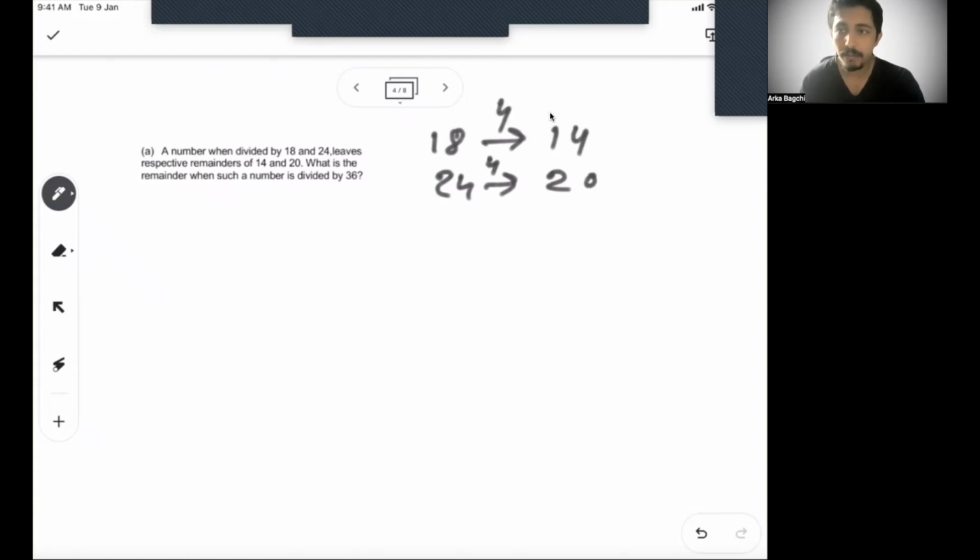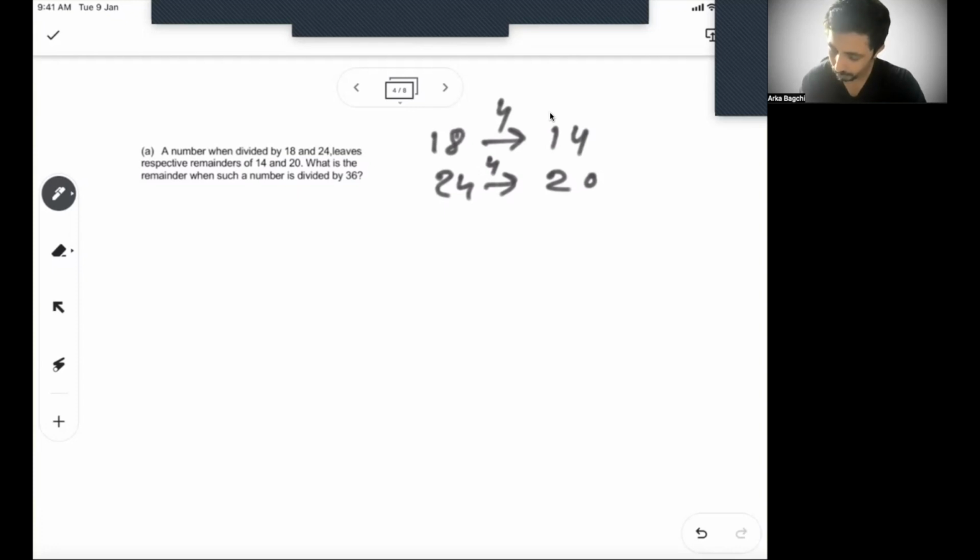For this kind of problem, again go back to the division and remainder formulas we discussed in the number system concepts.